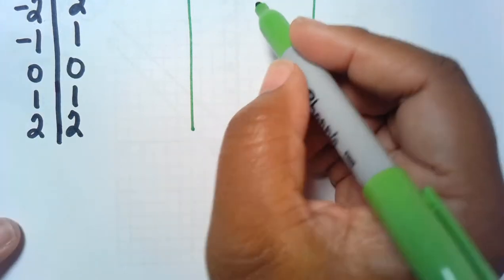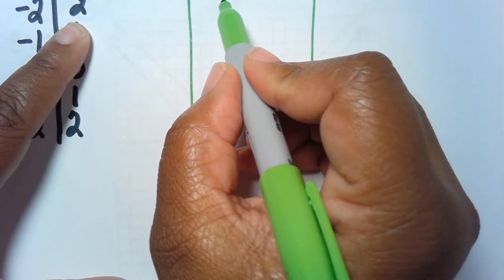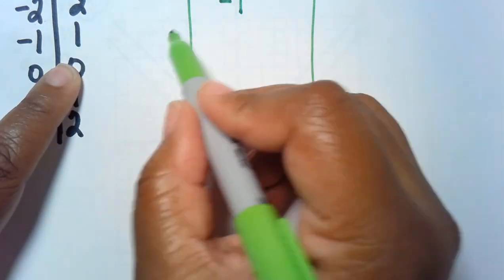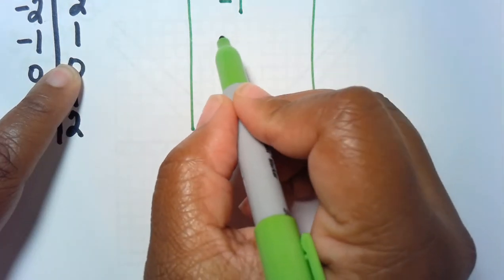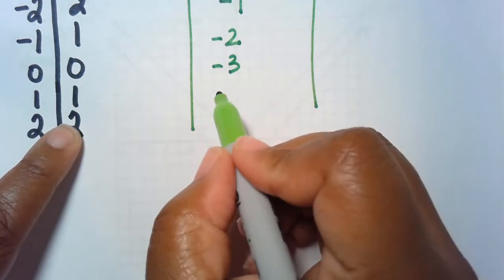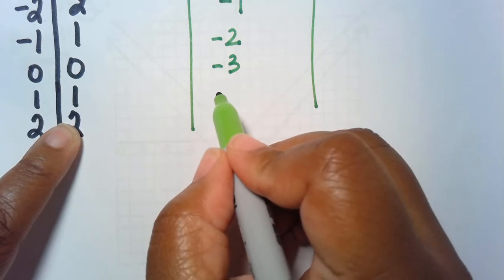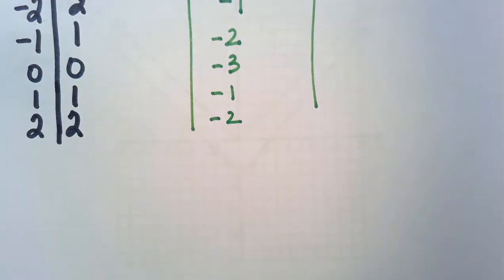Okay, so we would subtract 3 from the 2, which gives us this -1. We will subtract 3 from 1. We have here -2. This is -3. Then this gives us -1, and then this gives us -2. Okay.